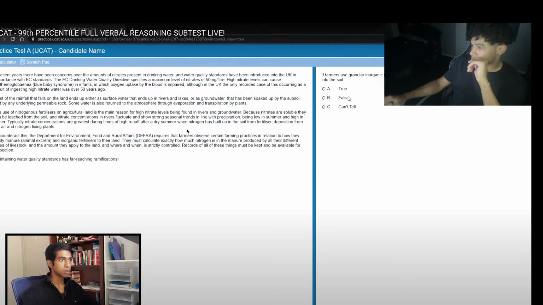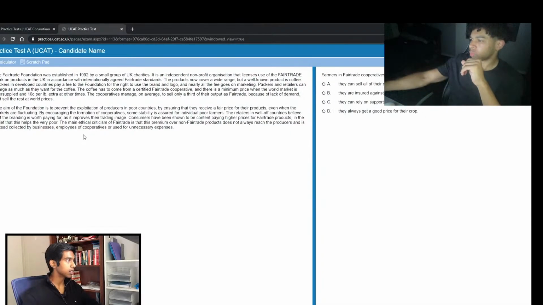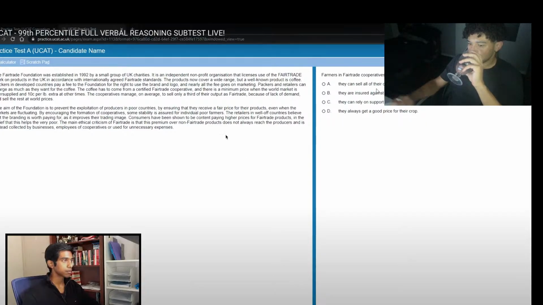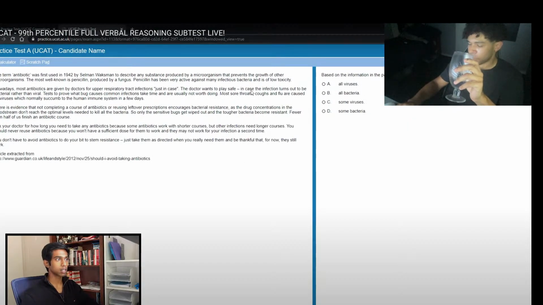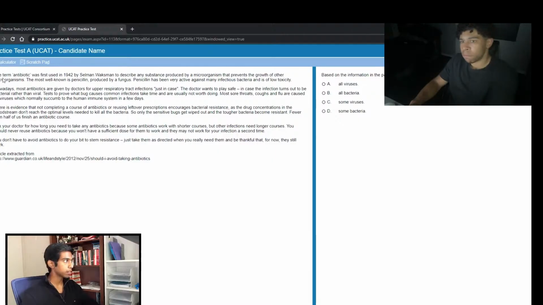So this will be false because there's stuff about it. Okay. This is 2 fat paragraphs, so I'm gonna skip that. Why is he skipping 2 fat paragraphs? I think that's the easiest one to do, no? So based on the information, antibiotics are effective against bacteria.